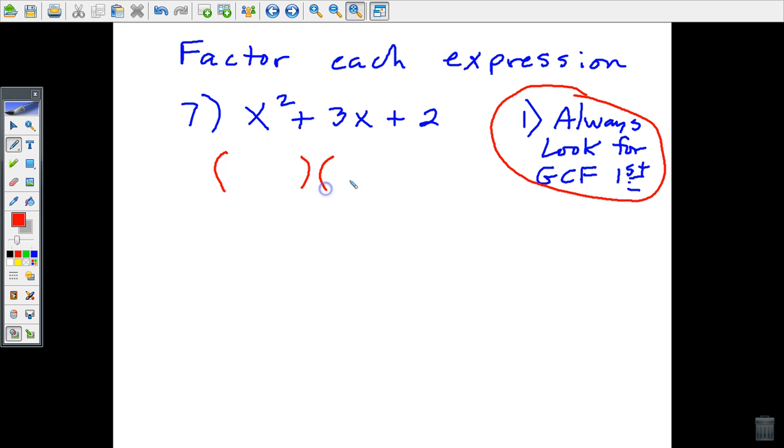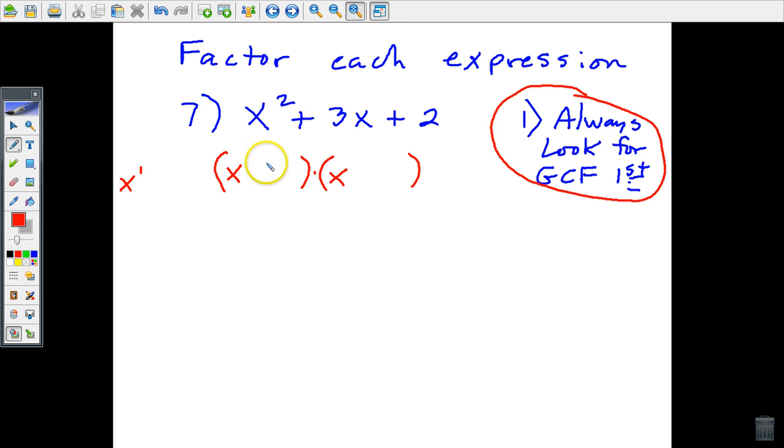Okay, so I'm going to try rewriting it in this way. I'm going to rewrite it using two linear binomials being multiplied together. Remember, factoring means multiplication. Linear, again, remember linear means it's got to be x to the first power. Each of these have to be linear binomials, so each of them are going to have x to the first as part of their expression. Binomial means two terms.